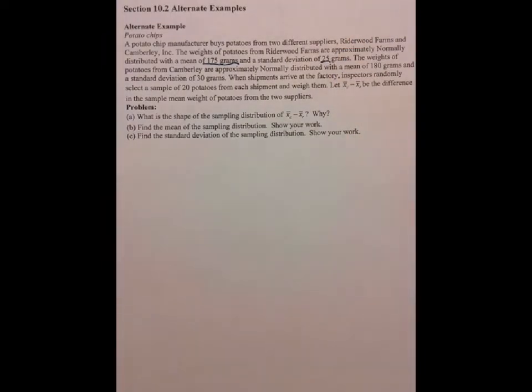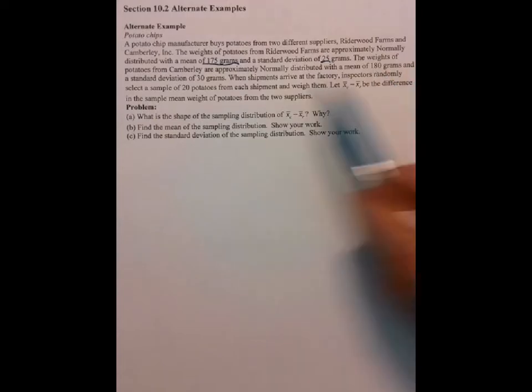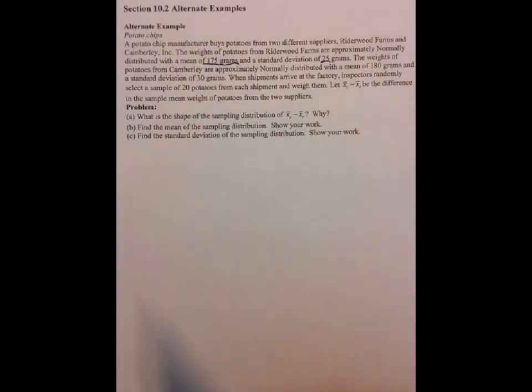The weights of potatoes from Camberley are approximately normally distributed with a mean of 180 and a standard deviation of 30. When shipments arrive at the factory, inspectors randomly select a sample of 20 potatoes from each shipment and weigh them, and let X bar Camberley, or X bar sub C minus X bar sub F, be the difference in the sample mean weight of potatoes from the two suppliers.